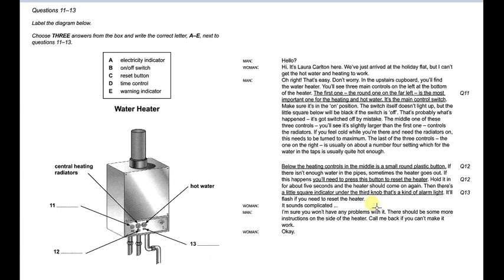In 13, there's a little square indicator under the third knob that's a kind of alarm light. Okay, and this one is the only one that really uses some paraphrasing. Notice E, alarm light, warning indicator. Alarm, warning, light, indicator.